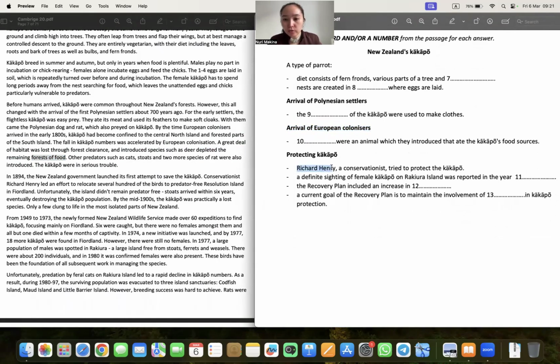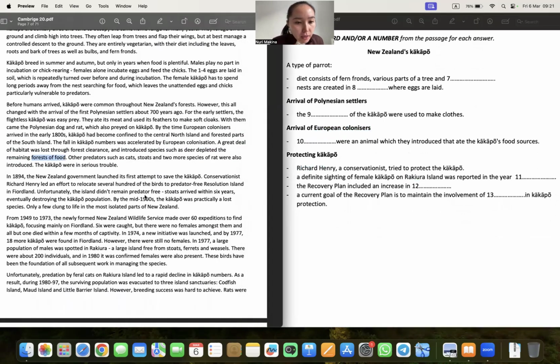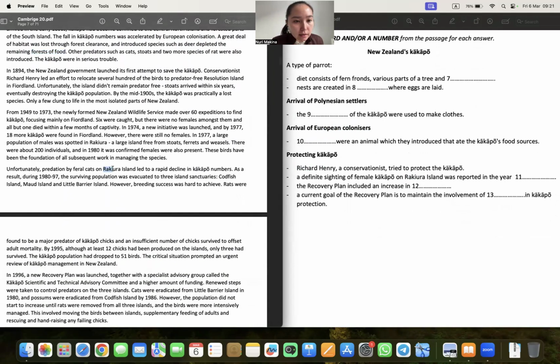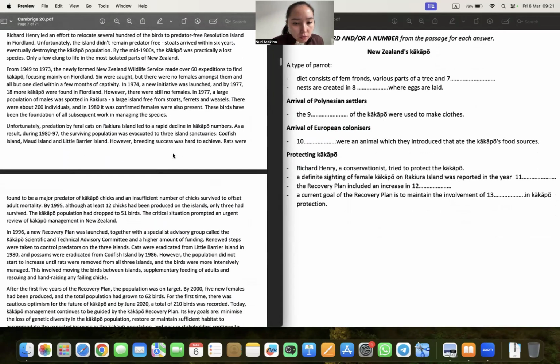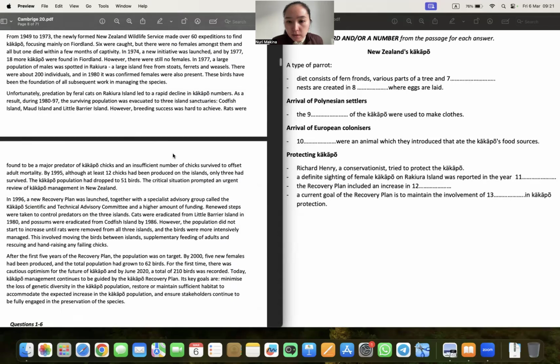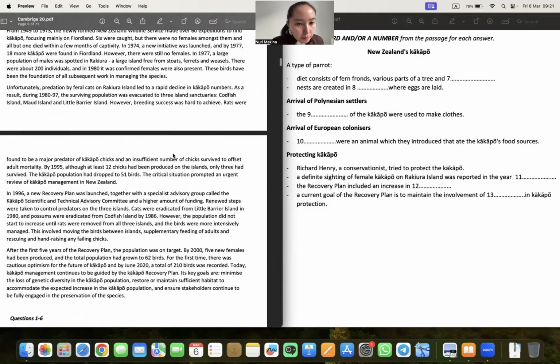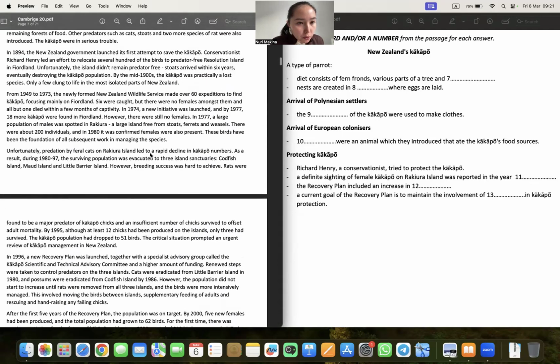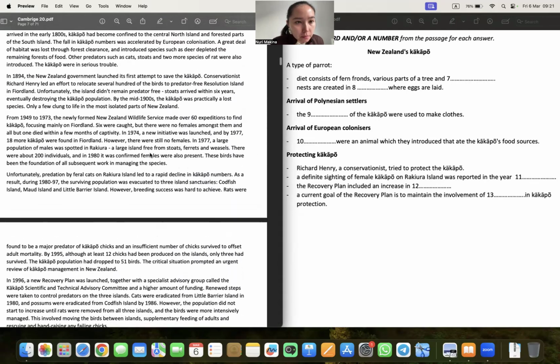Next, protecting kākāpō. So Richard Henry, Rakiura, these are all the words we're looking for. So Rakiura is hidden over here and over there. Richard is also going to help us. Our job is to find out the year.